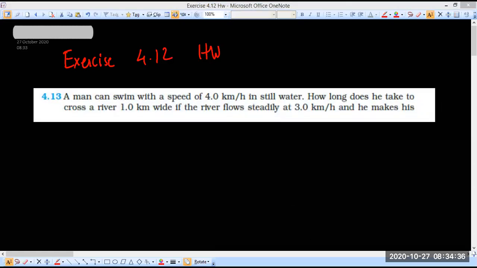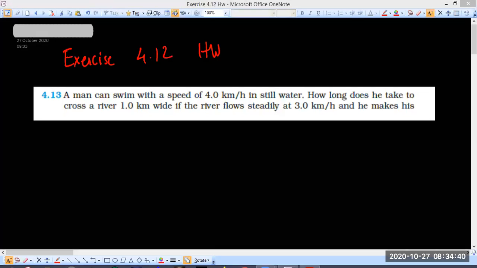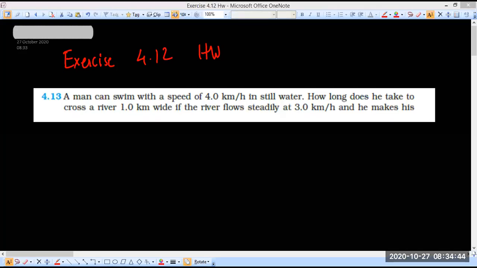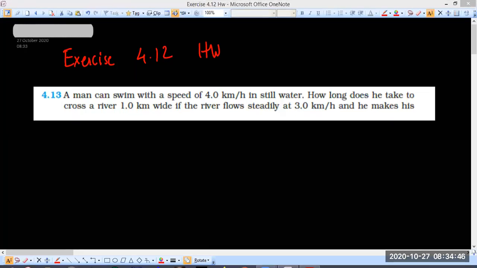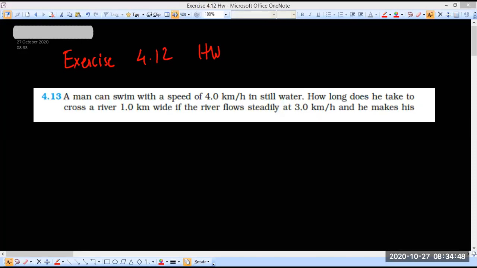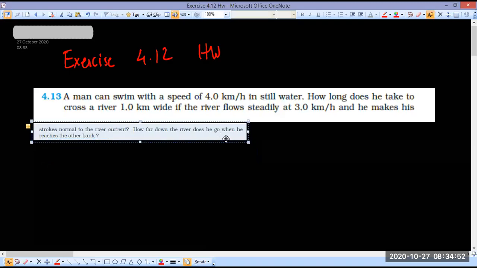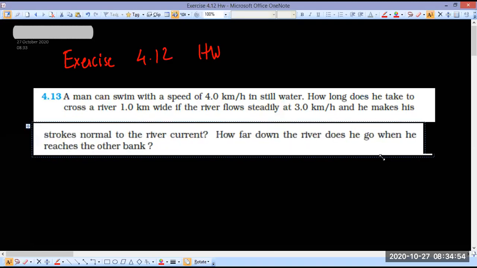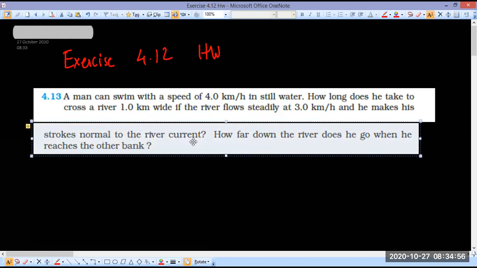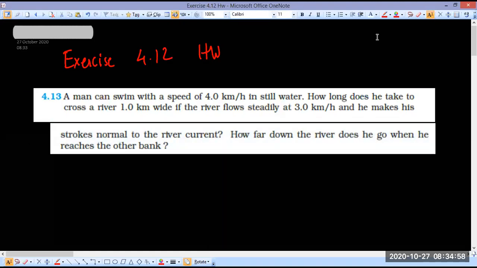Please start reading it and try to imagine and try to draw what's going on. Yes, Raj, some question?